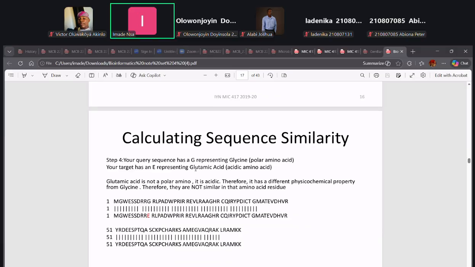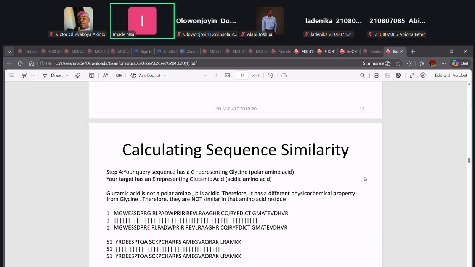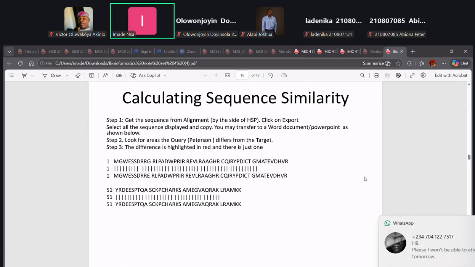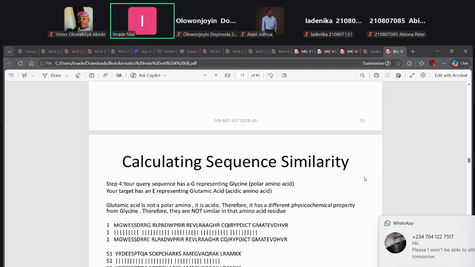So you have G, and that is a polar amino acid, and your target has an E, glutamic acid, which is an acidic amino acid. But remember that your G for glycine is different from your glutamic acid, which is acidic. So right here, there is a difference. They do not have the same physicochemical parameters. Okay?